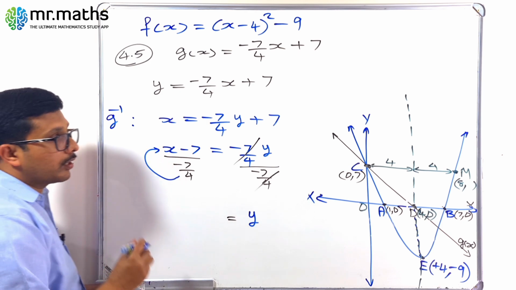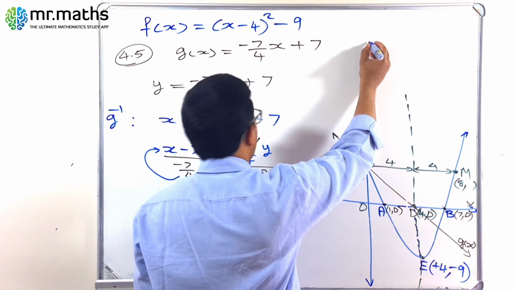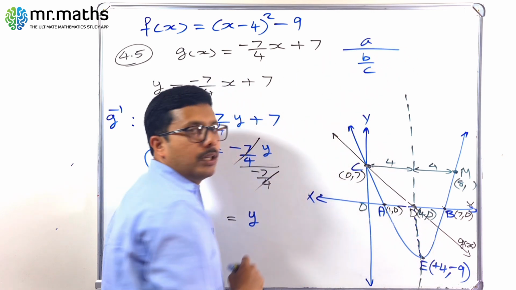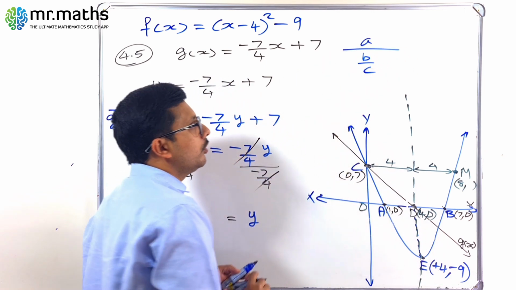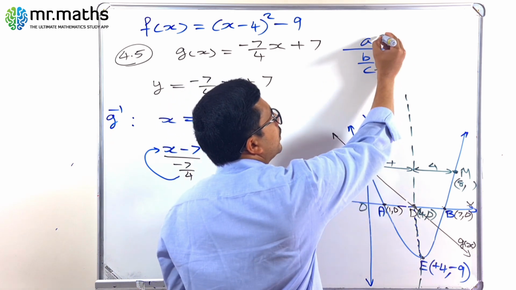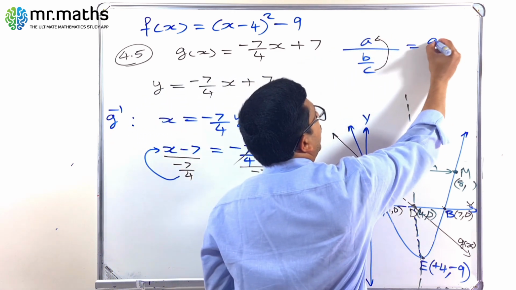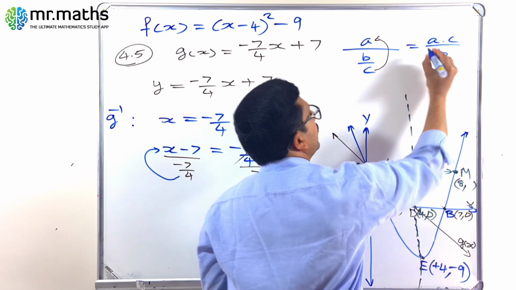I told you many times, a divided by b by c. What is the easy method? You have to multiply this c with this a. So it is a times c divided by b.